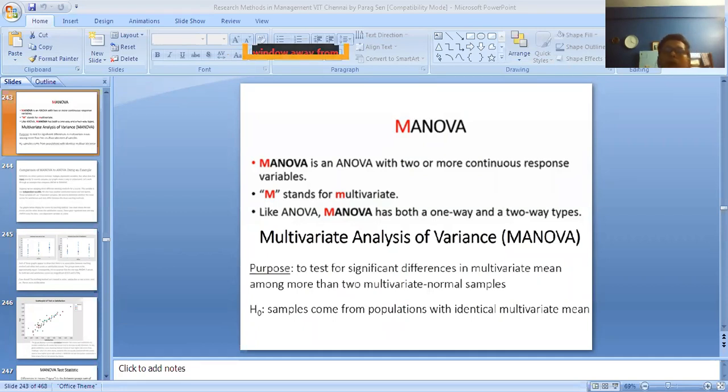Okay. So now you need to know what is the purpose of MANOVA. Okay. So just have a look at this picture. The idea will be very clear.